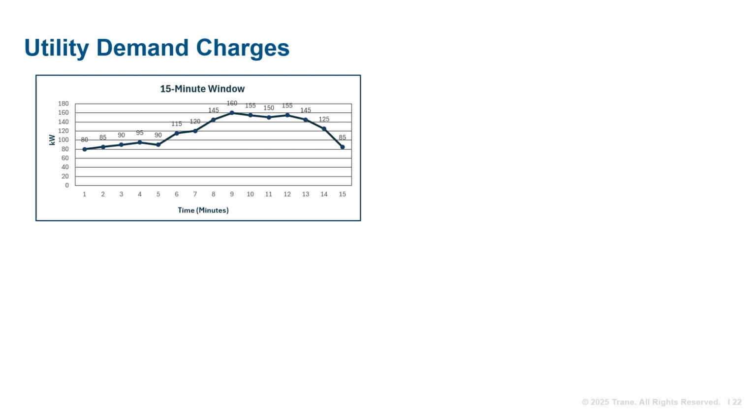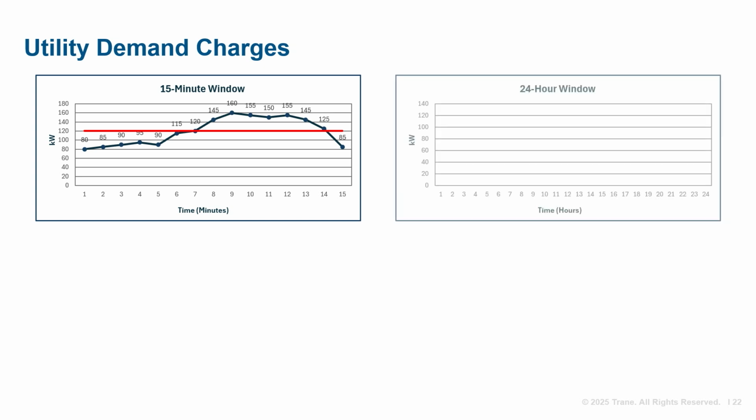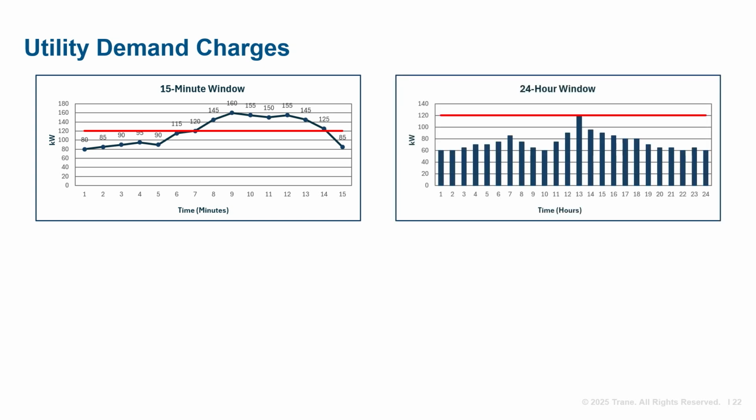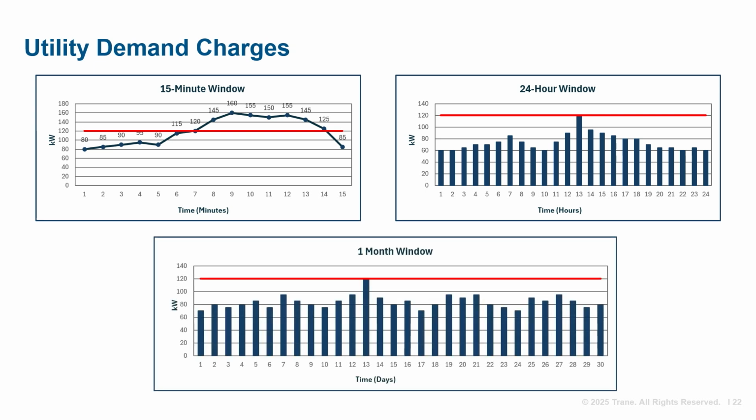Utility demand charges generally monitor kW usage over 15 to 30-minute windows, then take the average during that window as one data point. For a given hour, the highest 15-minute window average becomes the peak kW for that hour. Over 24 hours, the highest hour is used as the daily peak kW. The highest daily peak kW over a 30-day period is then the peak demand for that month.